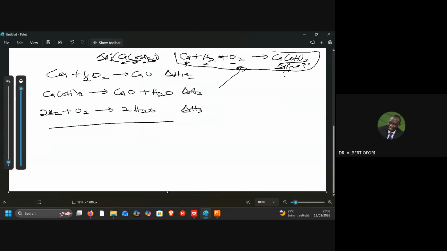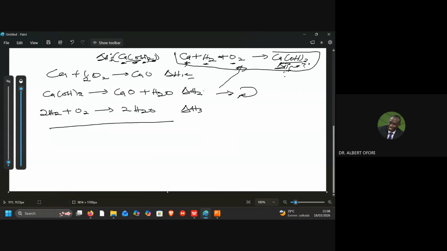Are you okay? Now the second equation. In my target, the calcium hydroxide is on my right. In equation 2, my calcium hydroxide is on my left. So I need to reverse equation 2.